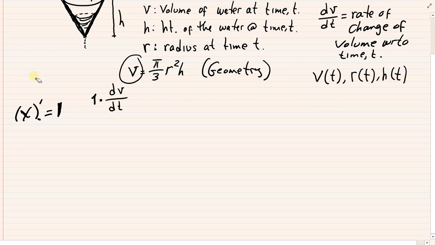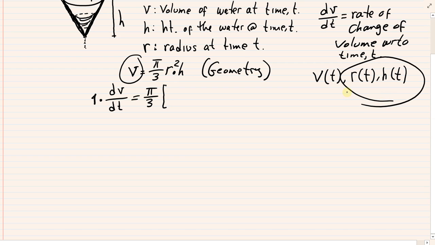Okay, now continuing on the other side, well, pi over 3 is a constant multiple, so we take the pi over 3 out. Now let's work inside: r squared times h. Here we're going to apply the product rule, right? And keep in mind r and h are both functions of t, so we do have to apply the chain rule when we take the derivatives. So let's begin with r squared times h.